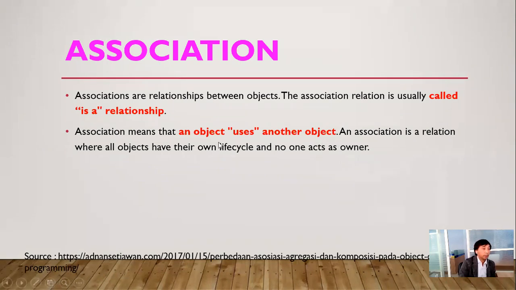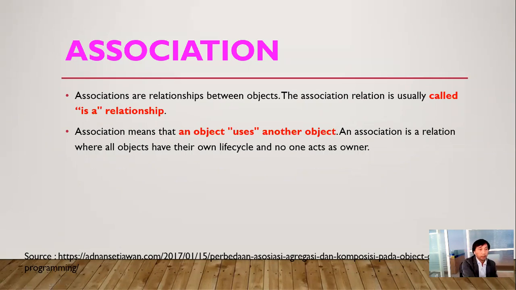Okay, an object uses another object. An association is a relationship where all objects have their own life cycle and no one acts as an owner. So they only communicate with each other without interfering with each other. So the main term about this association is "uses".